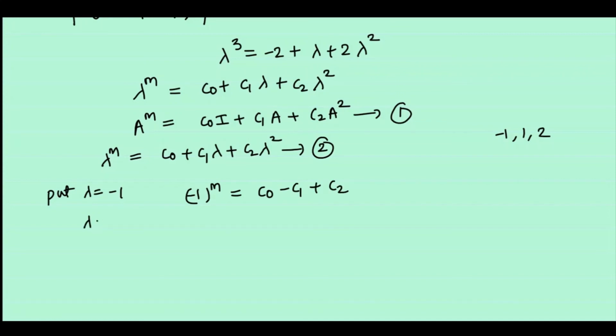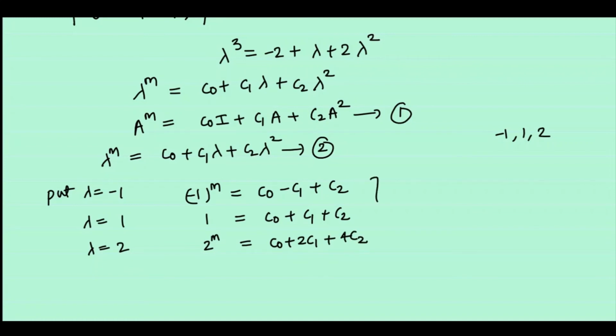Then put lambda equal to 1 in equation 2. So we will get 1 is equal to C0 plus C1 plus C2. Then put lambda equal to 2. So we will get 2 raised to m is equal to C0 plus 2C1 plus 4C2.